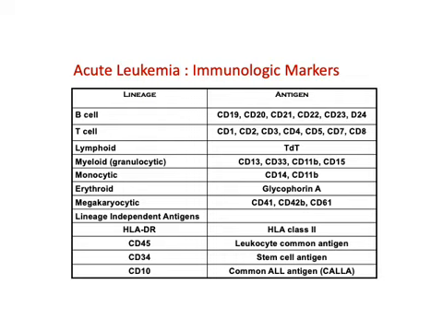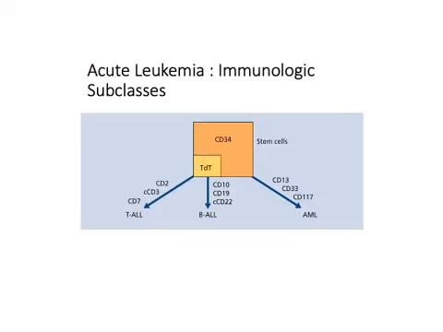These markers are generally used at the same time. Okay, there are no markers that are really specific. So you use a conglomeration of markers to distinguish AML, B-ALL, and T cell ALL.